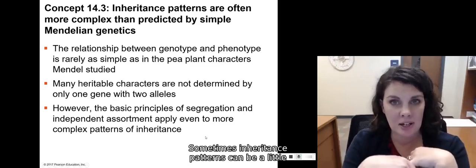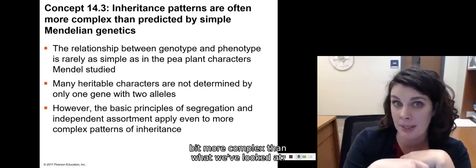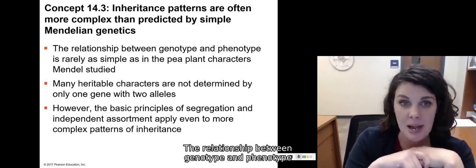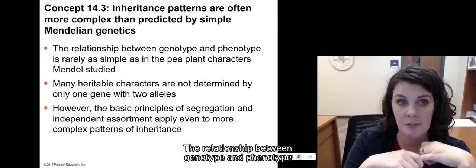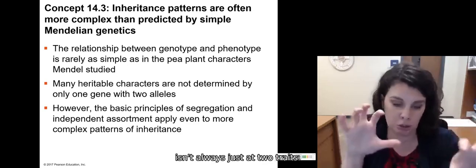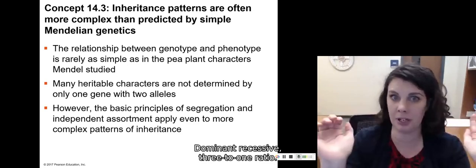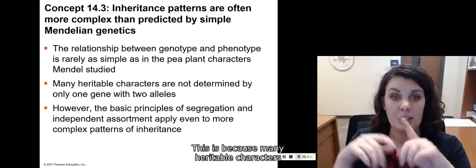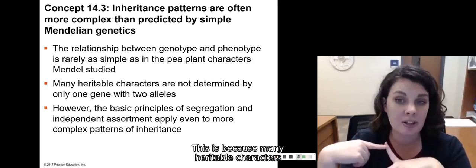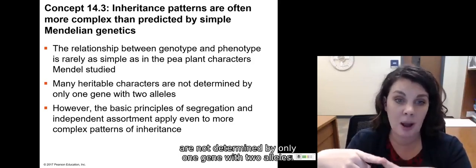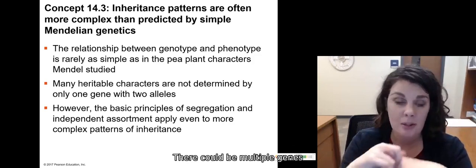Okay, sometimes inheritance patterns can be a little bit more complex than what we've looked at. The relationship between genotype and phenotype isn't always just two traits, dominant and recessive, with a 3-to-1 ratio. This is because many heritable characters are not determined by only one gene with 2 alleles.